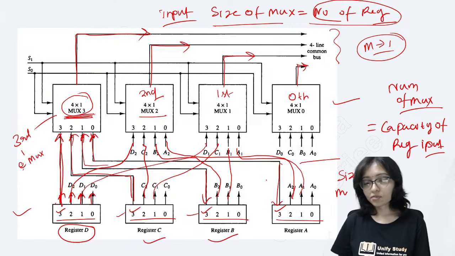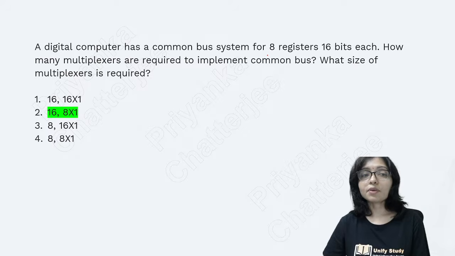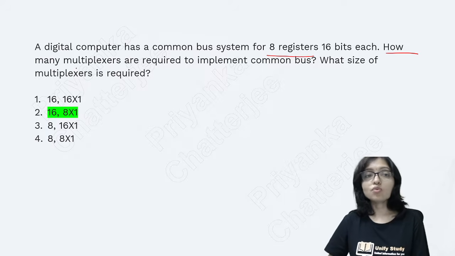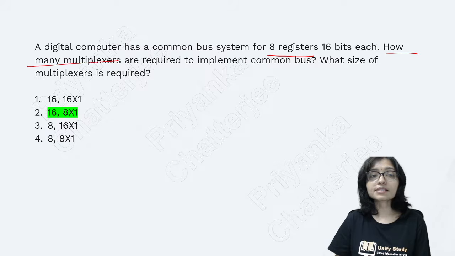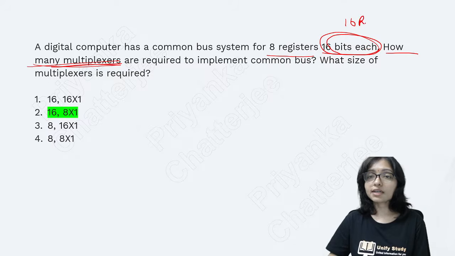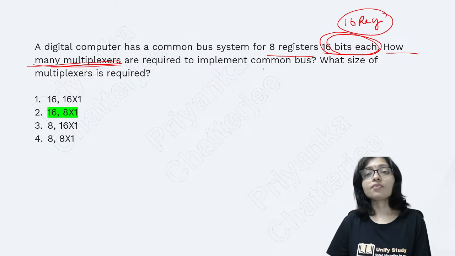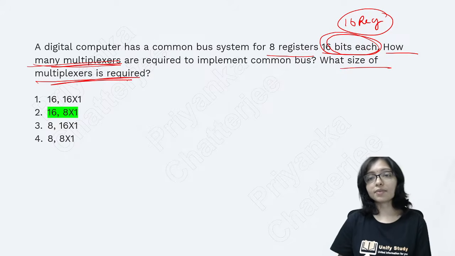So my answer here: there were 8 registers, and it was asking how many multiplexers are required, and each one is 16 bits. So 16 multiplexers will be required. And what will be the size of the multiplexer?